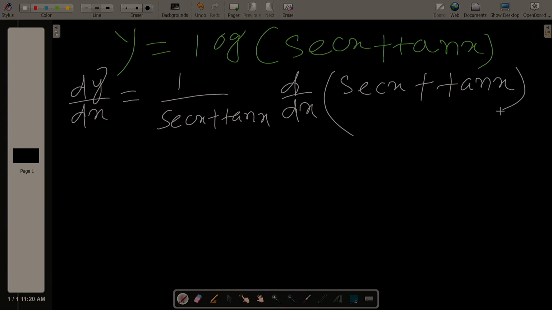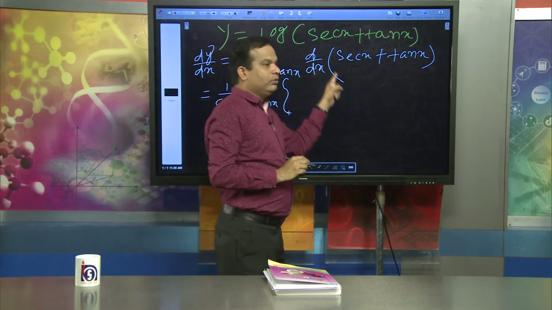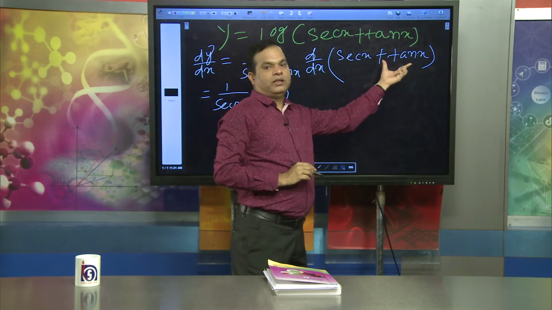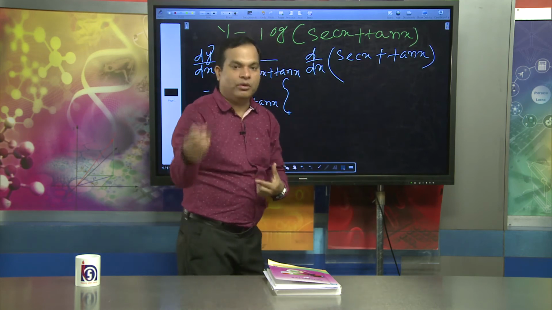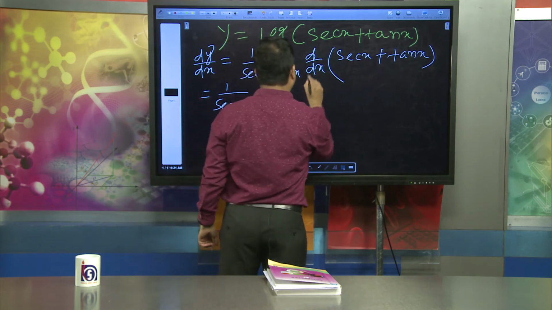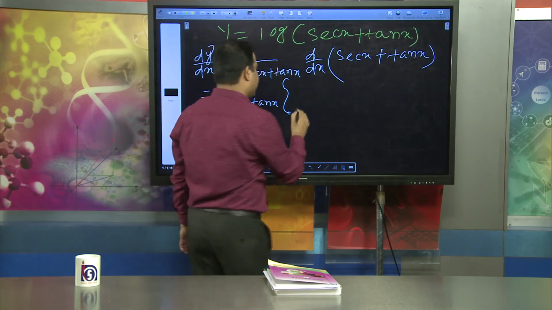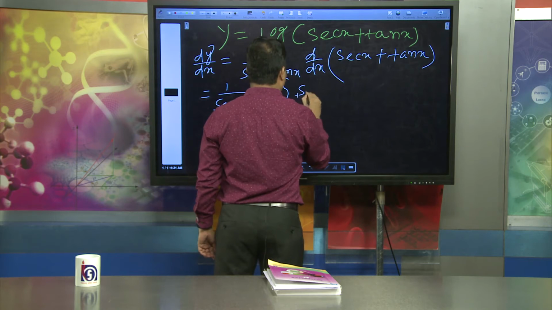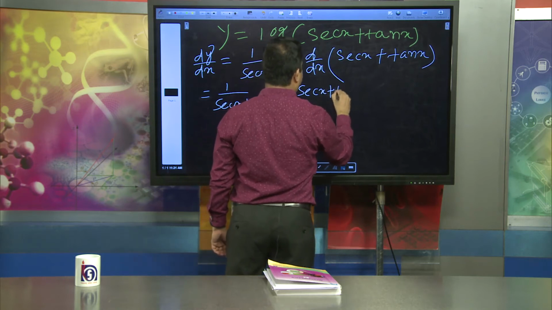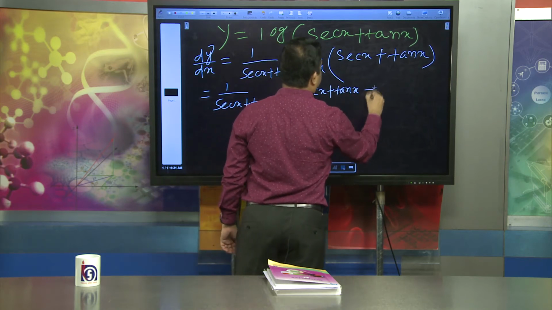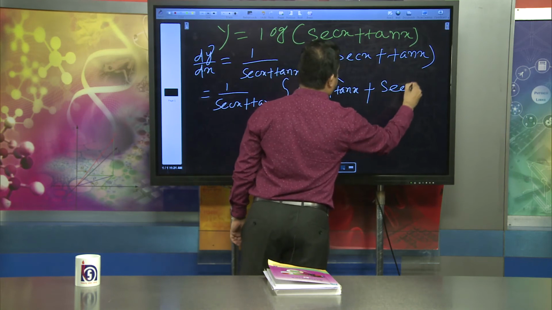Again, 1 by sec x plus tan x into the derivative, using the sum rule. You already know the derivative of sec x is sec x tan x, and the derivative of tan x is sec square x.